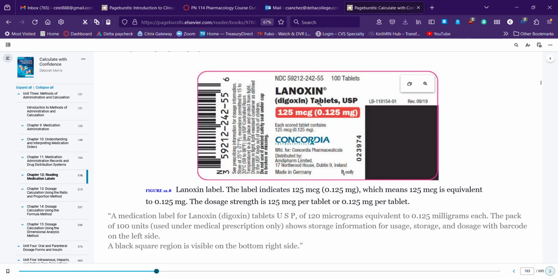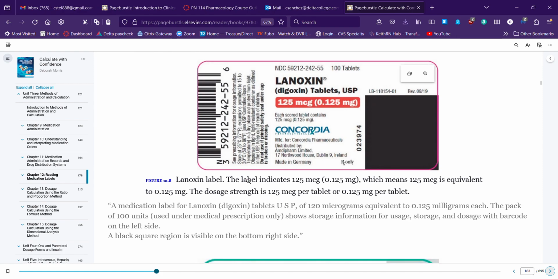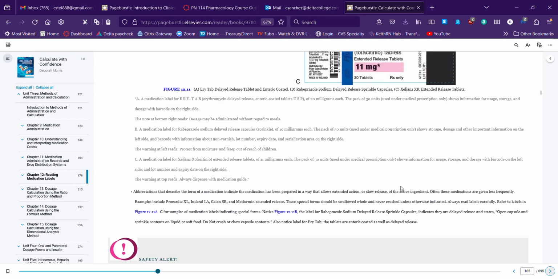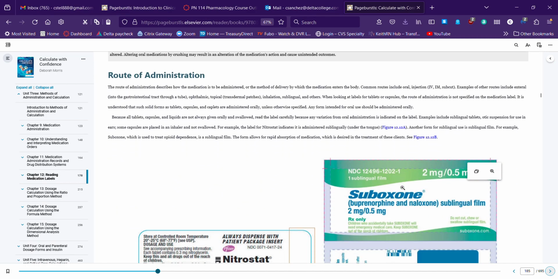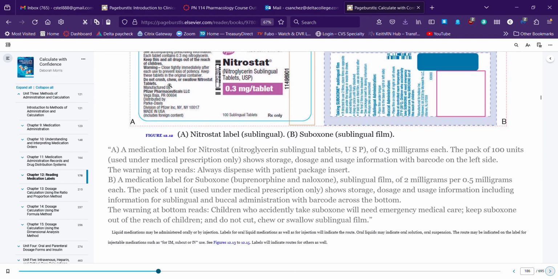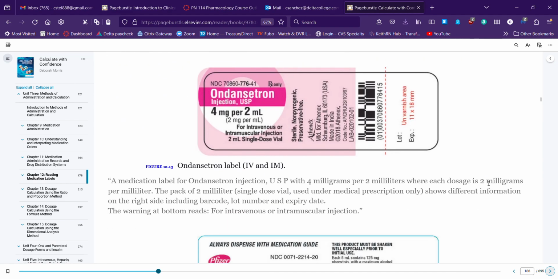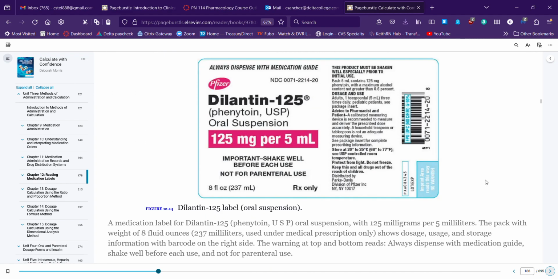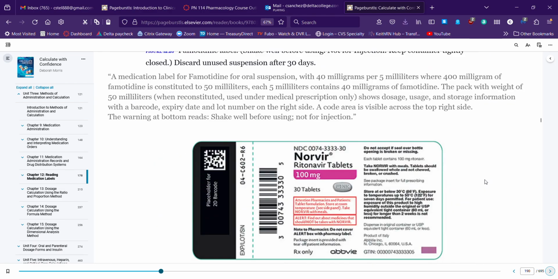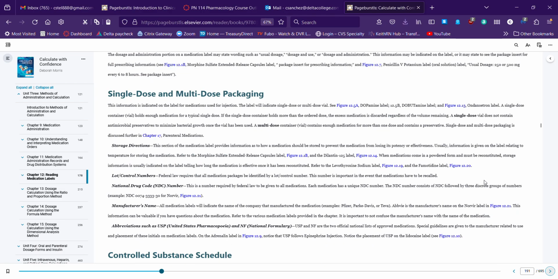All right, so again, on the exam, be very familiar with what's on the label, how to pick out the information that you need on the label, and just how to read that label, what information is on there, how to tell what's the brand name, the generic name, where your expiration date would be, and also how to tell what the dosage is, okay?